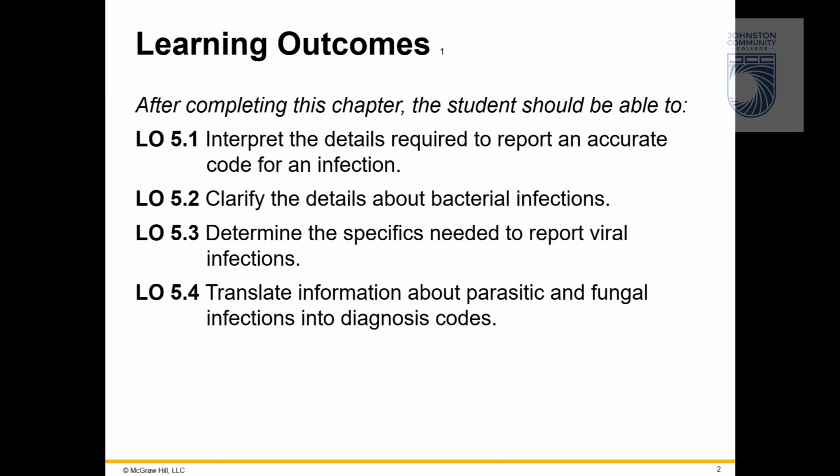All right, let's get started. Following this chapter, you should be able to interpret the details required to report an accurate code for an infection, clarify the details about bacterial infections, and determine the specifics needed to report viral infections. We'll also translate information about parasitic and fungal infections into diagnosis codes.